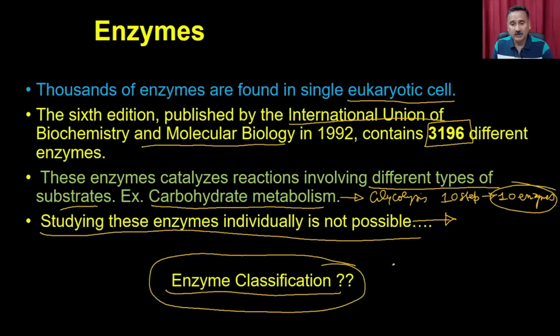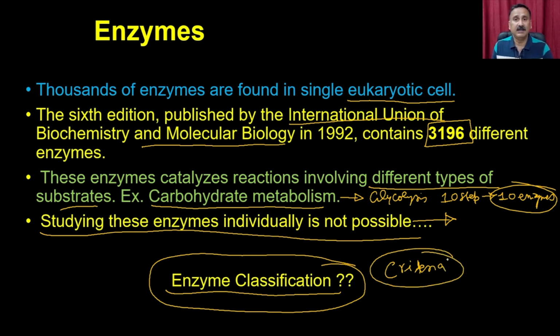You might have heard about the classification of different types of organisms, for example bacteria, viruses, animals, plants, fungi, or any other groups. They are classified by taking some criteria. So you require some criteria on which you can do the enzyme classification.